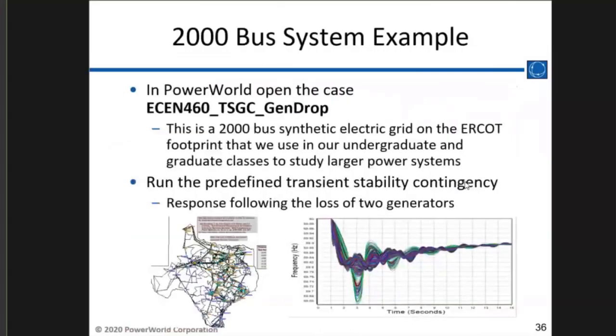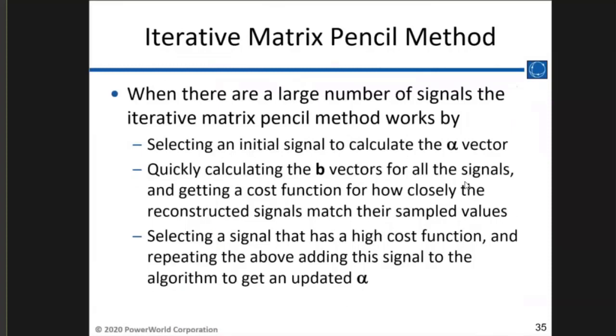So to show you what this does for you, we're going to talk about something called the iterative matrix pencil method. When there's a large number of signals, we use an approach called the iterative matrix pencil to figure out which signals we should use in calculating our alpha values. And probably the best way to do this is to just do an example.